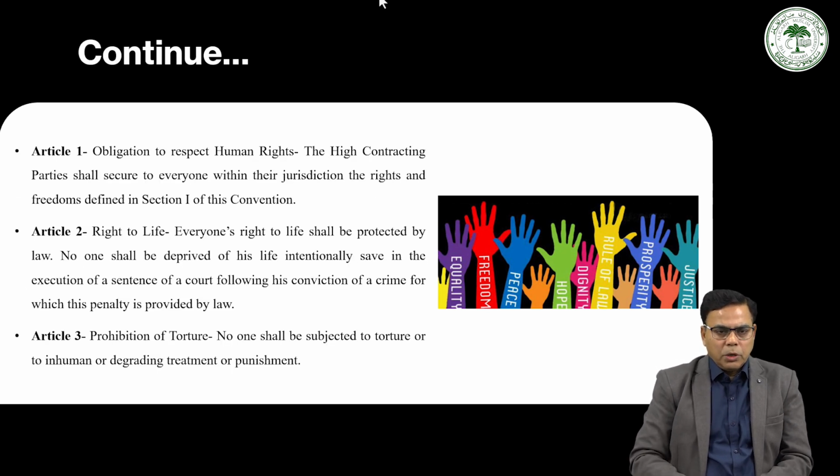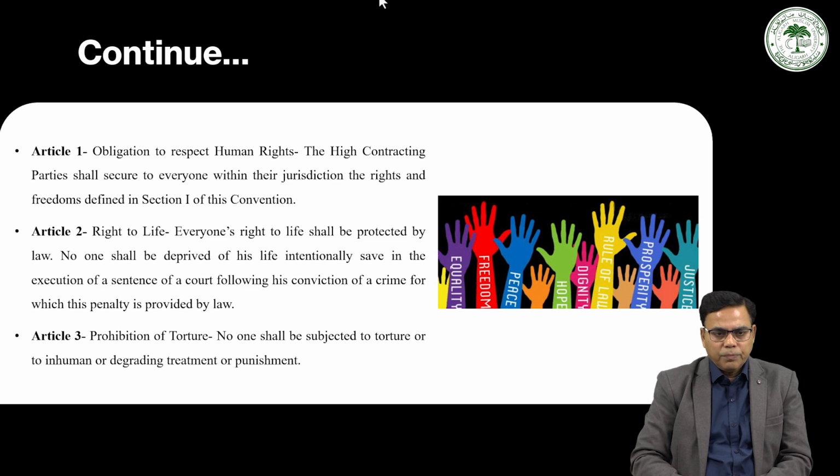So yesterday we discussed Article 1, that is, the obligation to respect human rights. The high contracting parties shall secure to everyone within their jurisdiction the rights and freedoms defined in Section 1 of this convention. After that we discussed that the right to life is very important, of course a universal right.